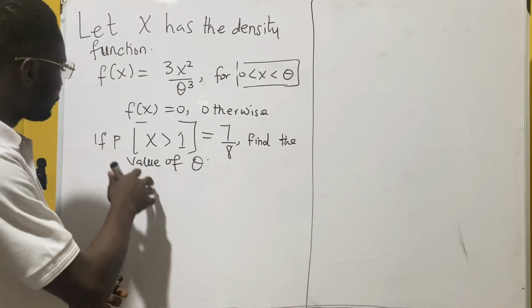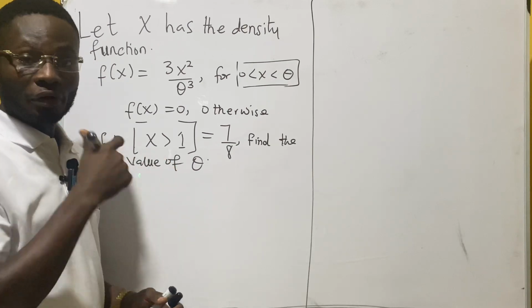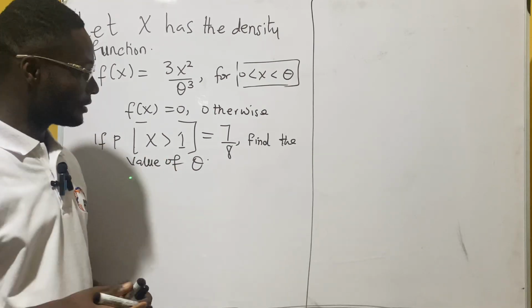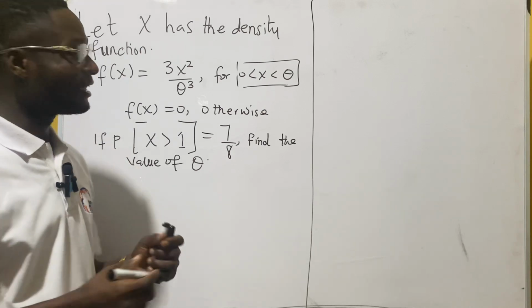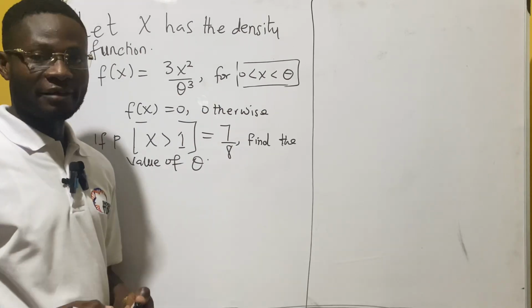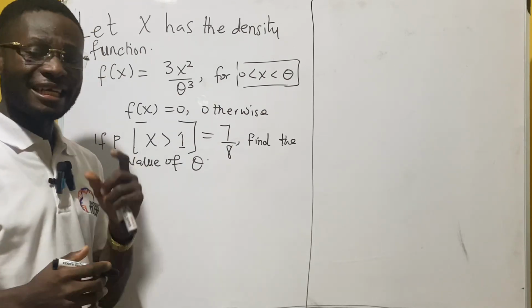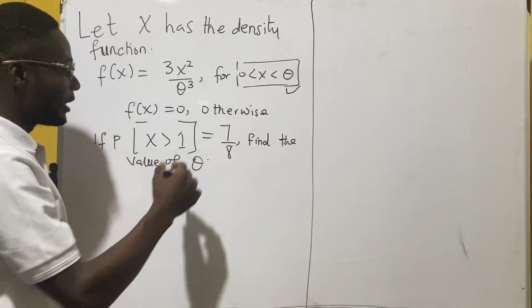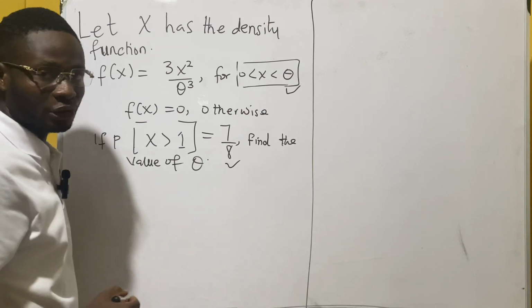We have been given that the probability of x greater than 1 is equal to 7 on 8. So we are interested in finding the value of theta in the function. You have to look at the range given, and then look at this condition as well.